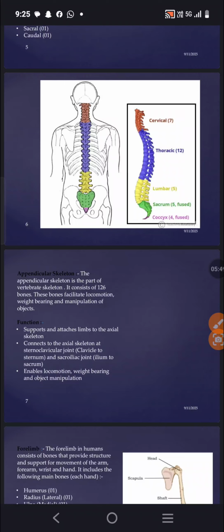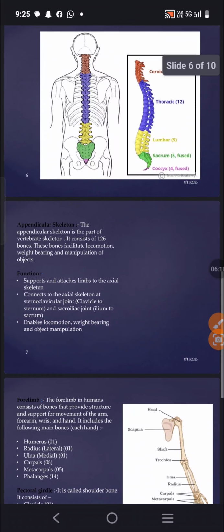The next part of the human skeleton system is the appendicular skeleton system. The appendicular skeleton system is the part of the vertebrate skeleton. It consists of 126 bones. These bones facilitate locomotion, weight bearing, and manipulation of objects.